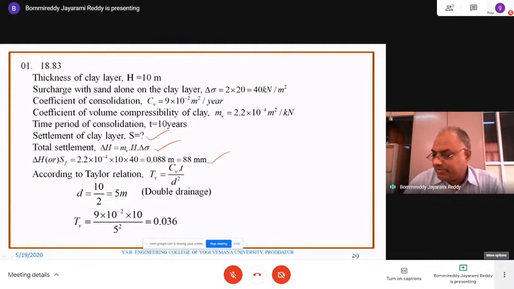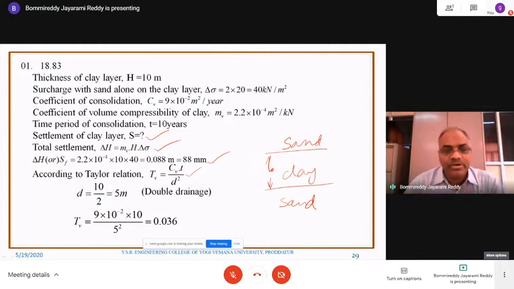And using Taylor's equation, this is the Taylor's equation, and you know that for the clay, above it is sand, below the clay also it is given as sand, above sand and also below sand. So what is the drainage path? Water can move above or below, so that it is double drainage.